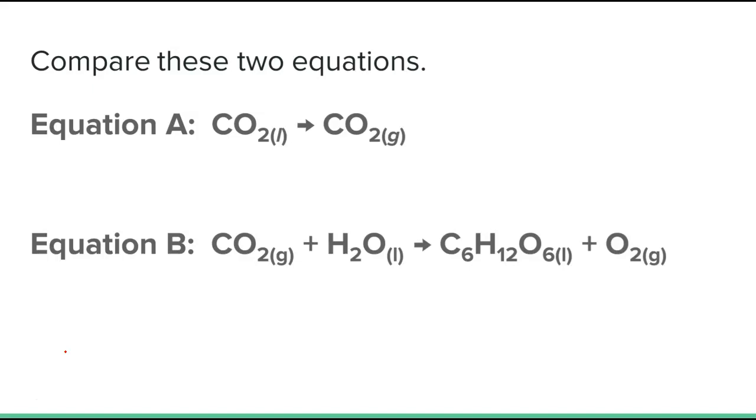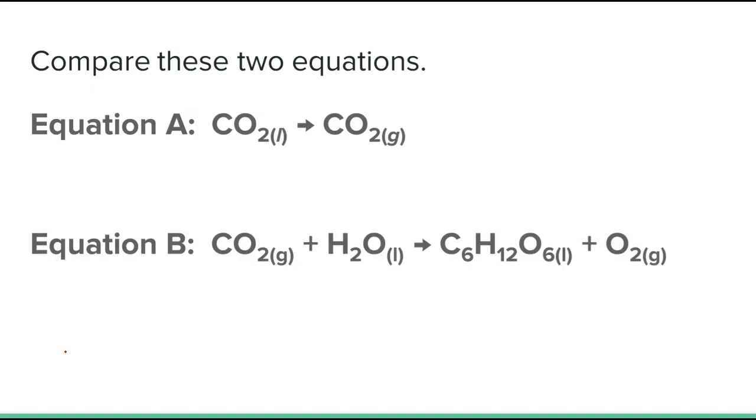Whereas in equation B, you have a group of letters, CO2, and then you have a plus sign with H2O on one side of the arrow, and on the other side of the arrow, you have a different arrangement of C's, H's, O's, and also a plus.